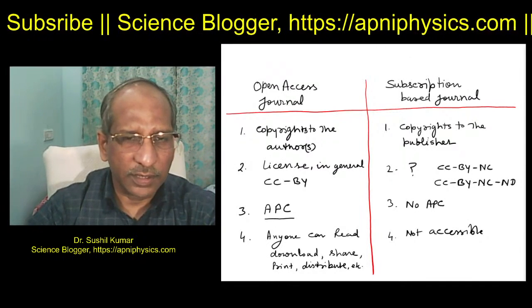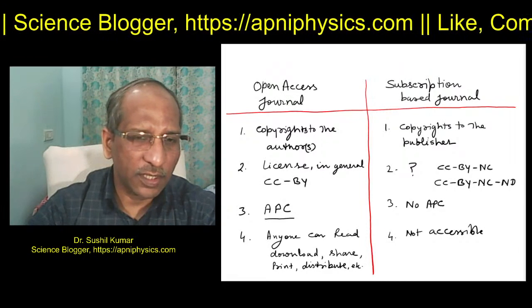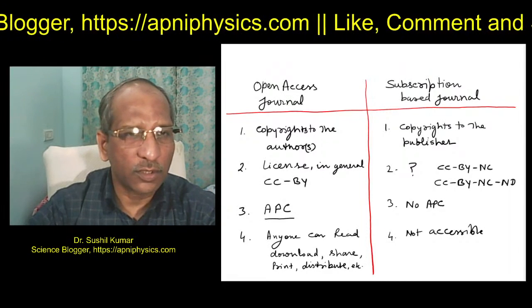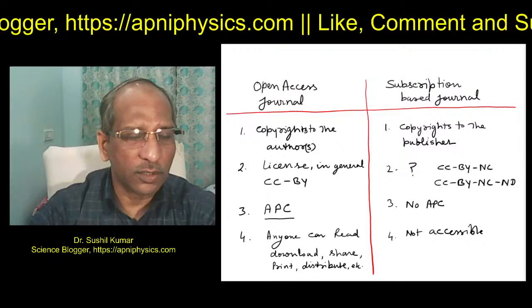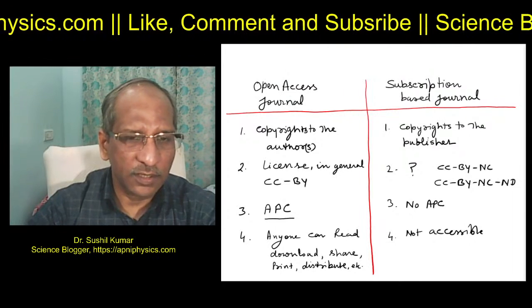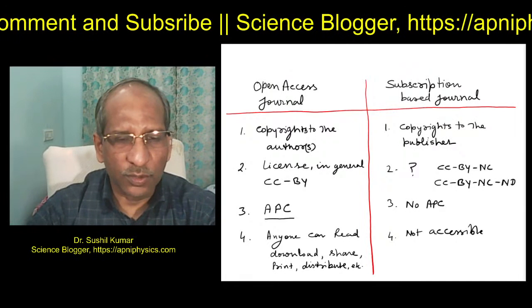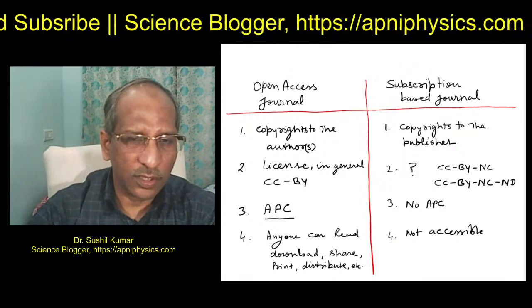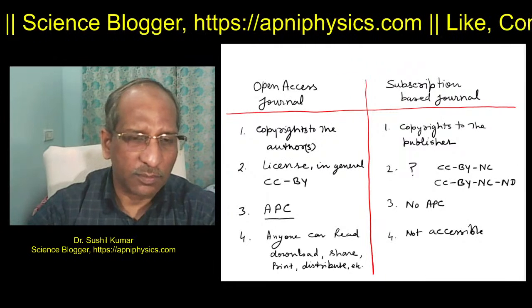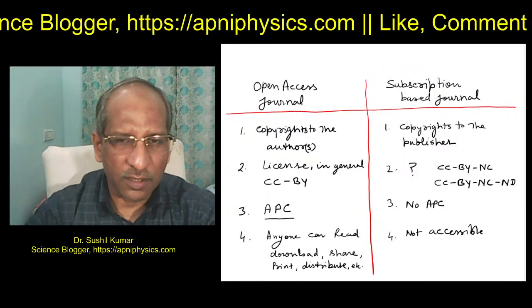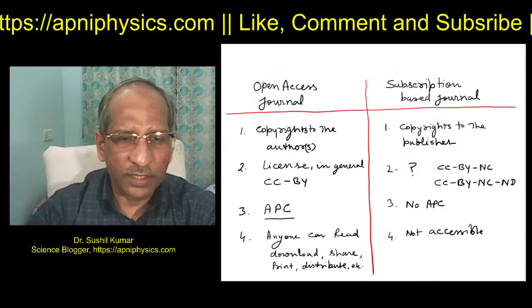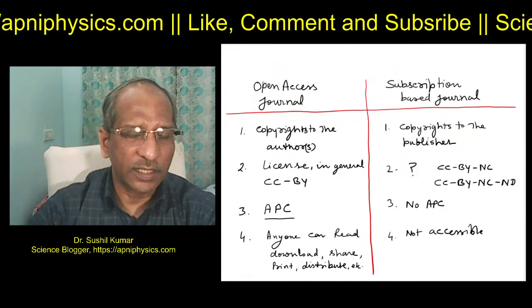In the subscription based journal, authors do not need to pay money when they submit the research article for the article processing charge, the so-called editorial work that covers layout, typesetting, reviewing, and many things in terms of technology and web hosting.